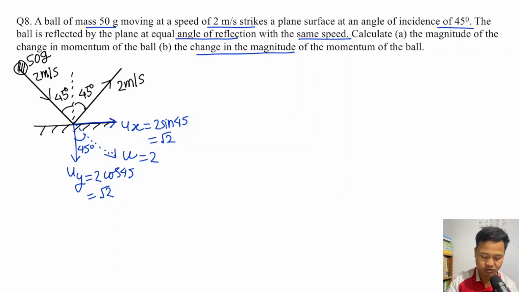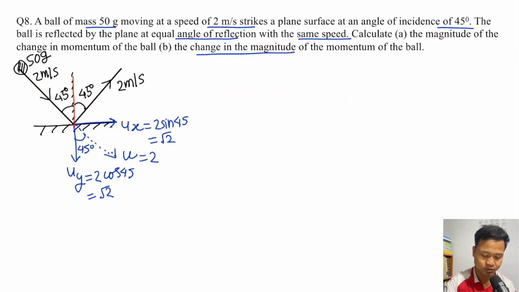Just before collision, we have the initial momentum. After collision, I can split this again into components, one component along this side and another component along this side.